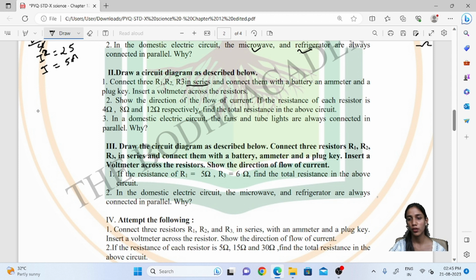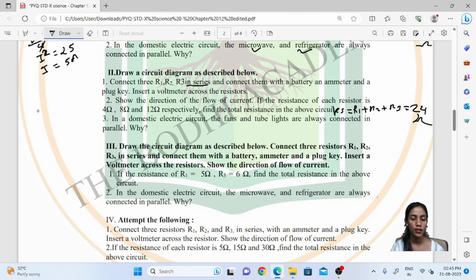So again you have to do the same thing. Rs is equal to R1 plus R2 plus R3. Here it is 4 plus 8 plus 12, which will be 24 ohms total. Okay, you have to add all this.